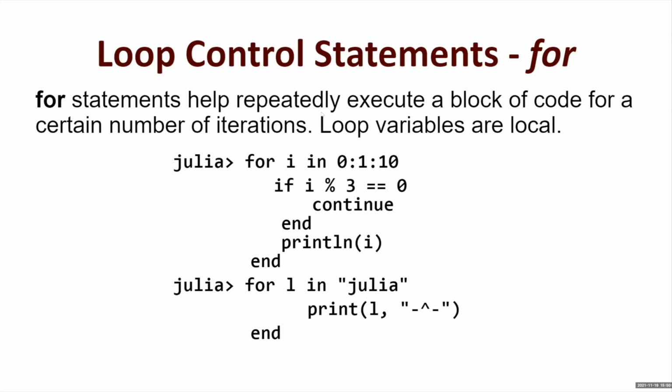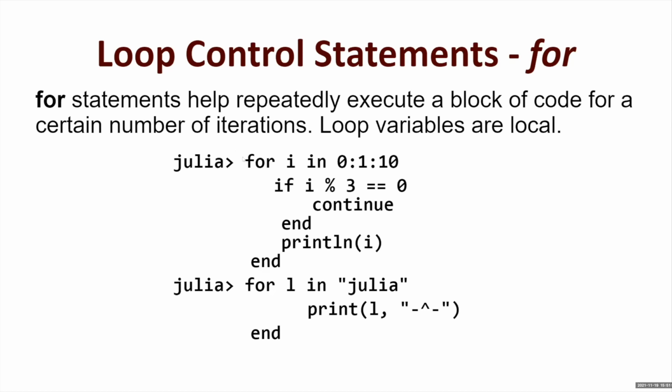It's a different notation than C. C is start, condition, and step, and here in Julia it is start, step, and end. So here 1 is the step.